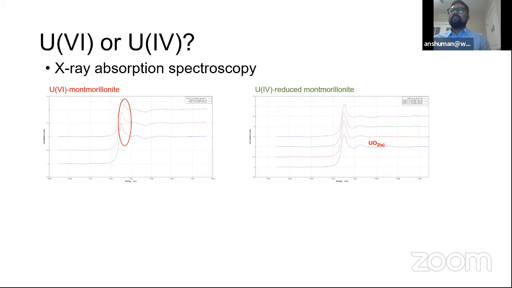There are very few places in the whole world where we have this facility of X-ray absorption spectroscopy, and we actually wrote a proposal to analyze these samples at Argonne National Lab located near Chicago.